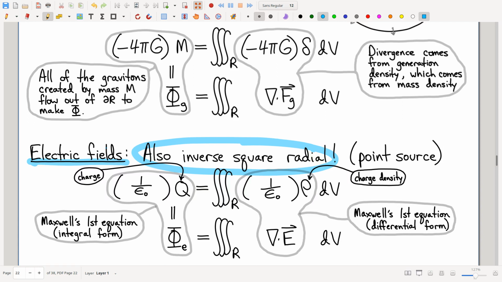So my position is and has been for a long time that the best way to understand electric fields is to understand gravitational fields, because they're the same thing. Aside from different physics, I suppose, and different constants involved, but in terms of the big ideas, it's all the same stuff.